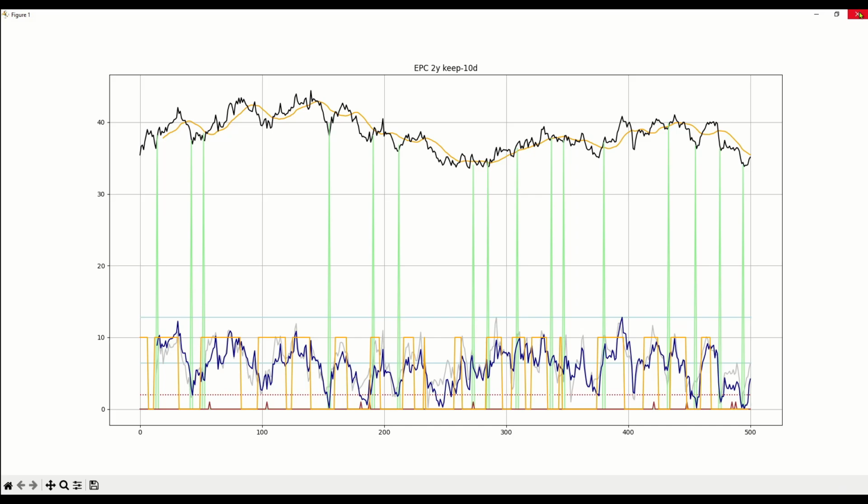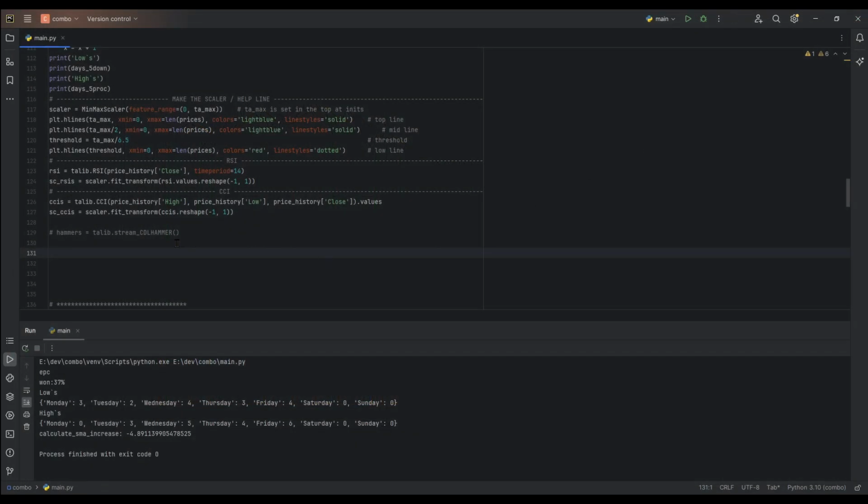Before we start, we got a stock called EPC to put some examples into.